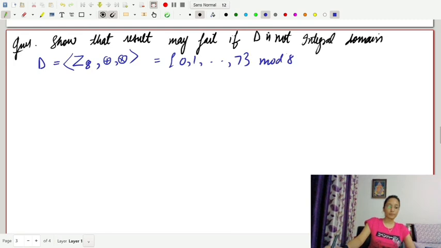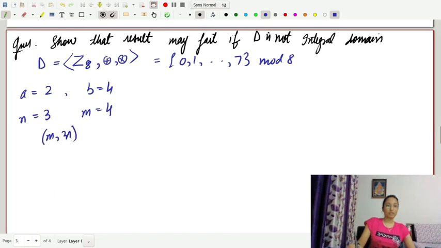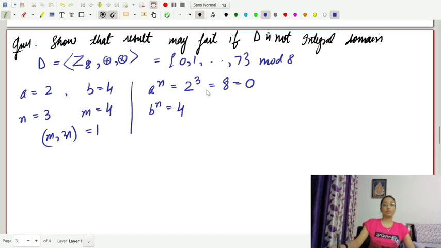In this case we take a as 2, b as 4, n as 3, and m as 4. The GCD of m and n is 1, and a raised to power n, that is 2 raised to power 3, is equal to 8, that is 0, and b raised to power n, that is 4 raised to power 3, is also equal to 0, which in turn implies a^n is equal to b^n.